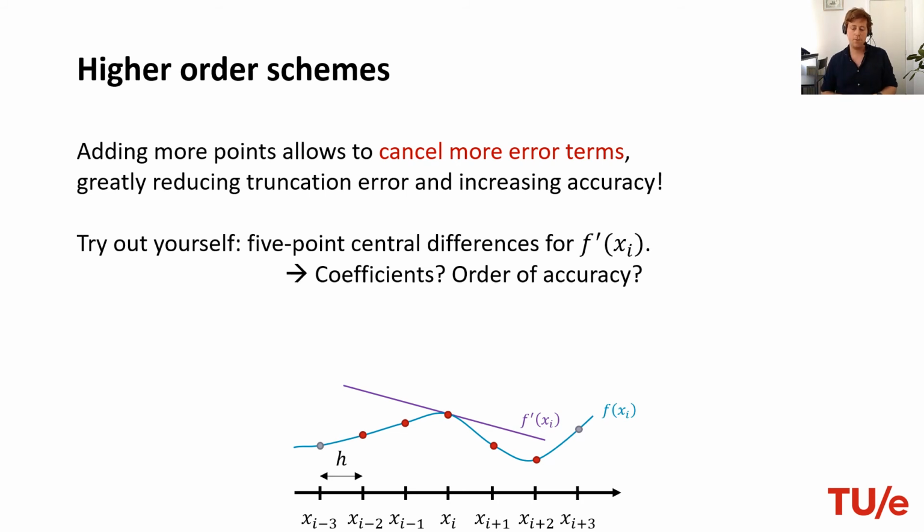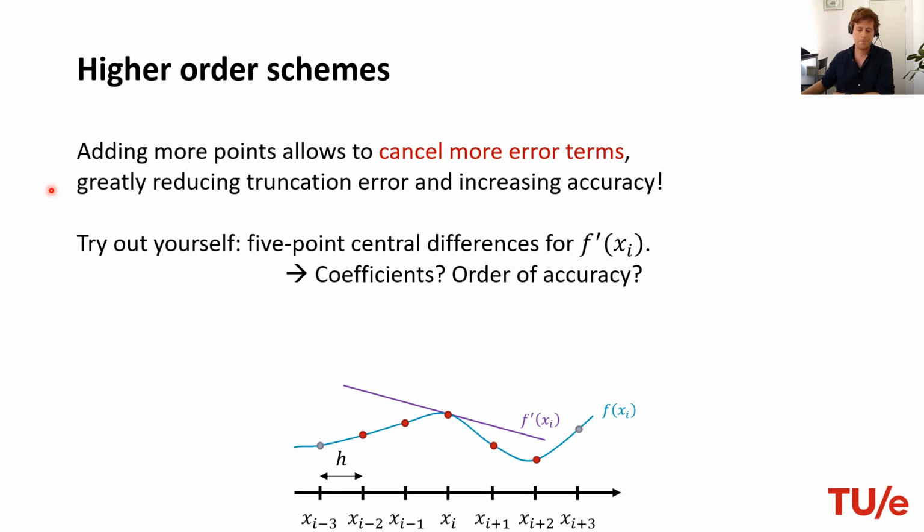In this sense, you will obtain a truncation error which is maybe proportional to h to the power 4 or h to the power 8. That means your truncation error goes down extremely fast as you decrease h. So adding more points allows you to cancel more terms, and this greatly reduces the truncation error and significantly increases the accuracy.